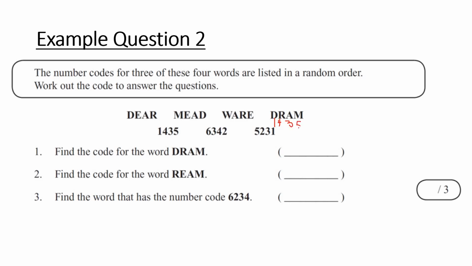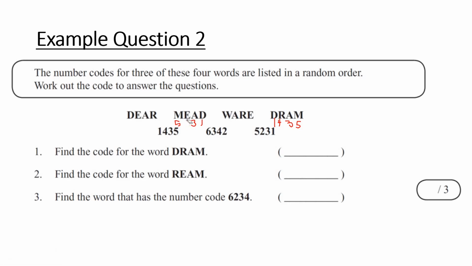1435. And mead is 5231. 5231. Sorry about that. Okay, one second.